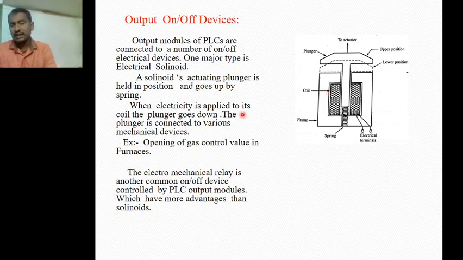These electromechanical relays are very useful. Why? Because they are isolated from the output devices, and they provide a higher amount of current than the output devices. Because of these many advantages, electromechanical relays are more advantageous than the solenoid.